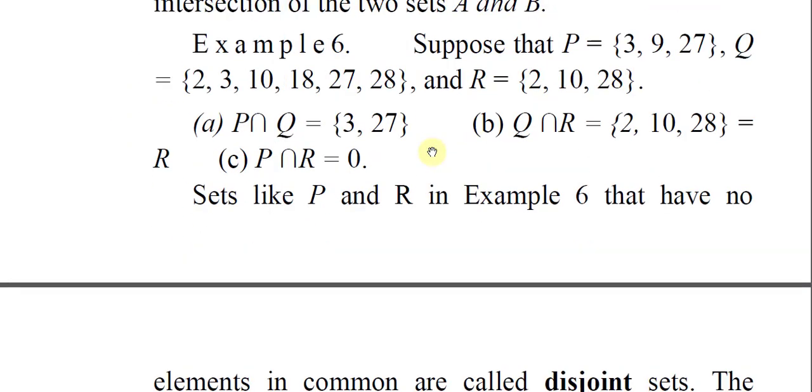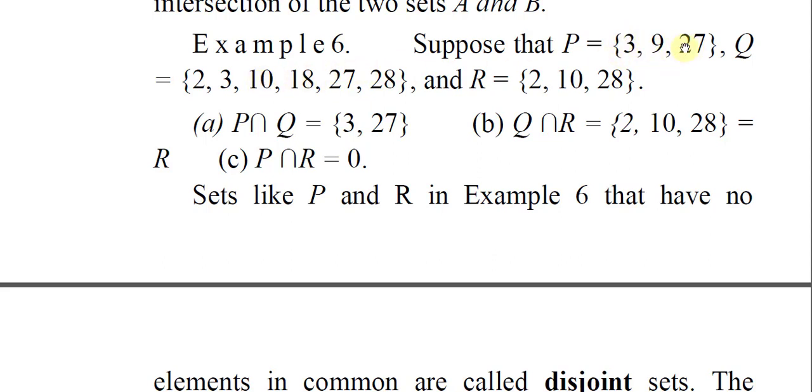Example number 6. Suppose that P, Q, and R are sets. So P intersection Q, let's consider P and Q separately, is 3 and 27.